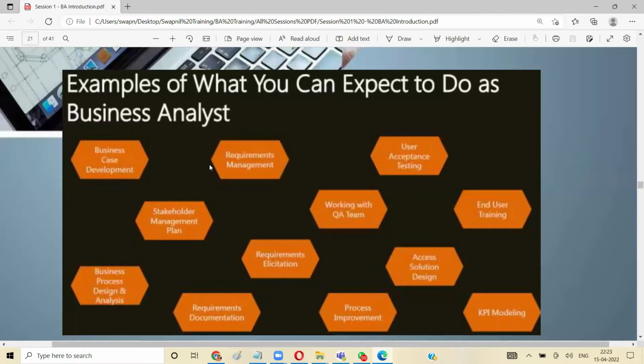One could be the error rate, right? With paper, your error might be high, but now with a system, the error rate will have fallen. People don't have problems understanding handwriting, or data missing, or the other team not finding it or not being able to read it.